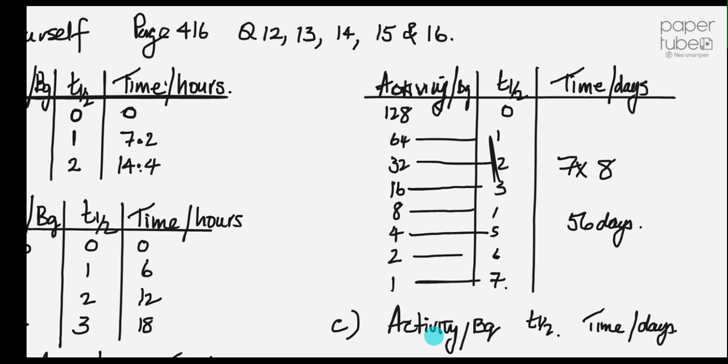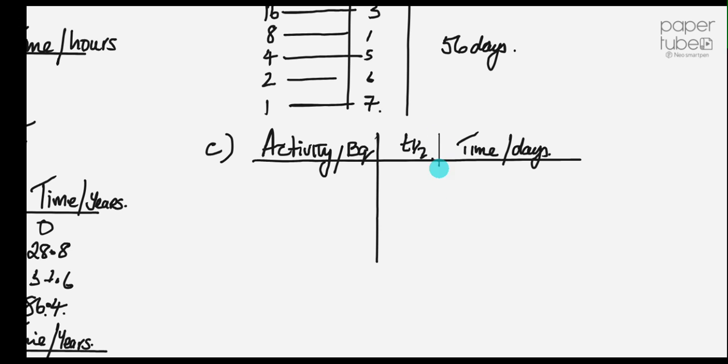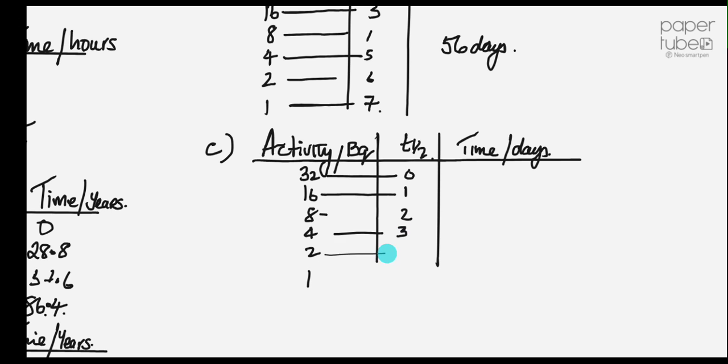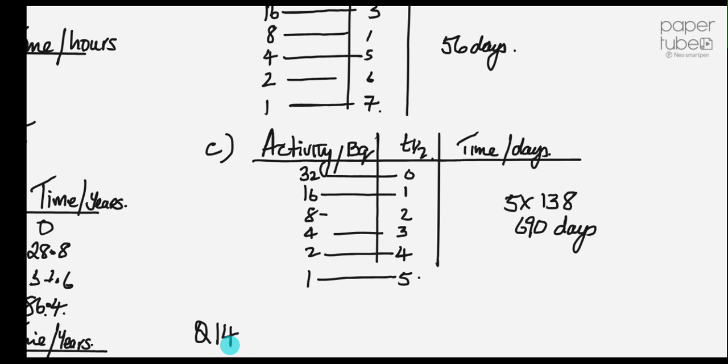No point pontificating about tables and then not drawing it. 32, 16, 8, 4, 2, 1. No half-lives, 1 half-life, 2 half-lives, 3 half-lives, 4 half-lives, 5 half-lives. So 5 by 138 days is 690 days. I've done this on the calculator. There it is.